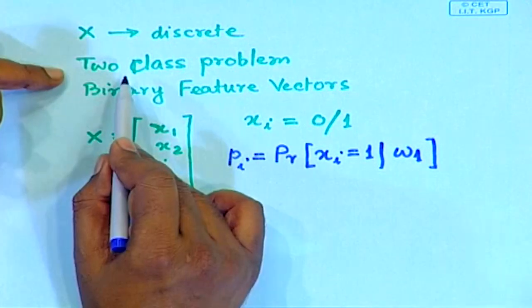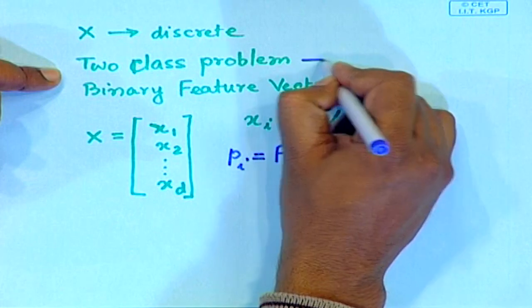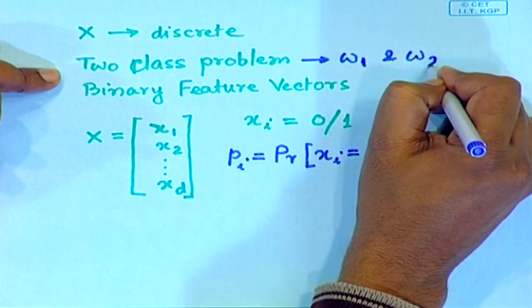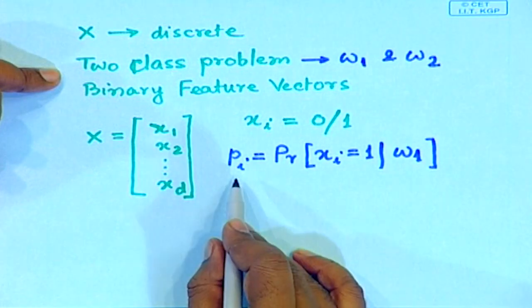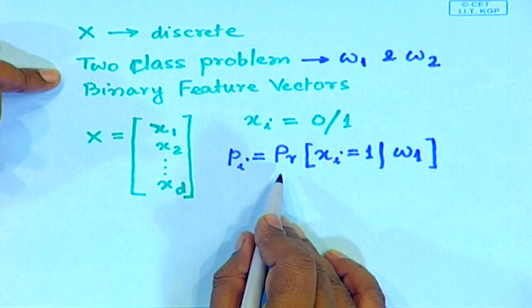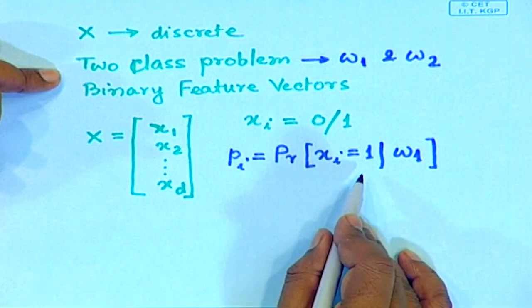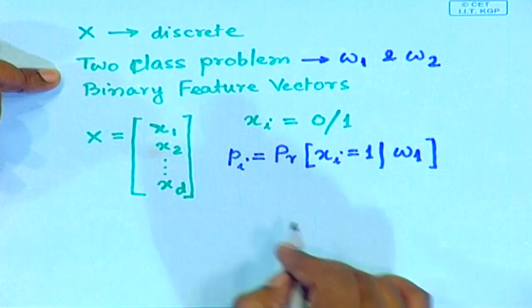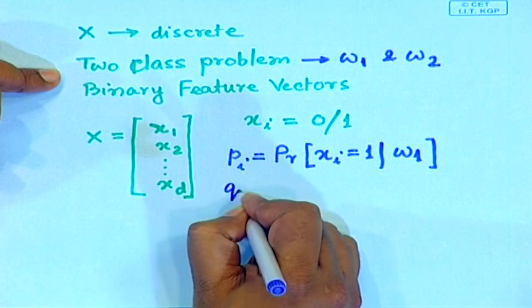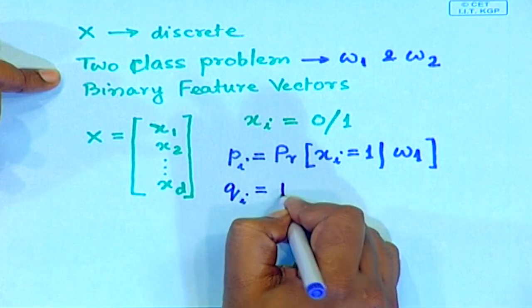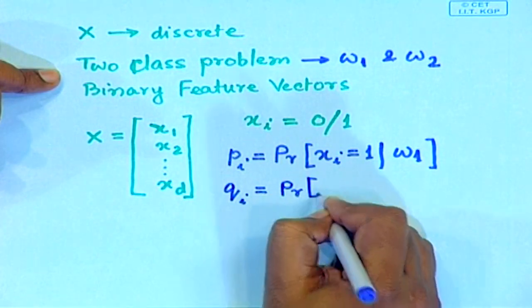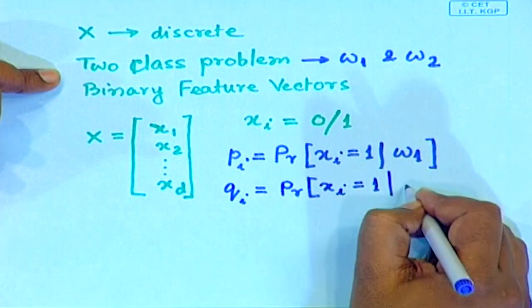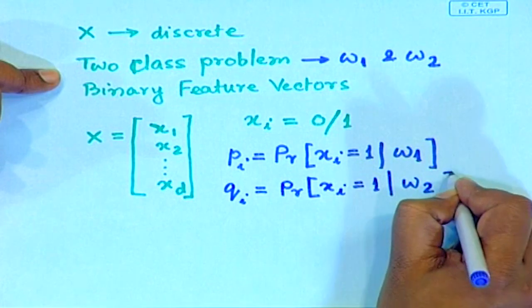given that the true state of nature, or the true class, is class omega 1. We are considering a two-class problem, so we have classes omega 1 and omega 2. So, pi represents the probability that xi is equal to 1 given that the true state of nature is omega 1. Similarly, qi is the probability that xi, the same component, is equal to 1 given that the true state of nature is omega 2.